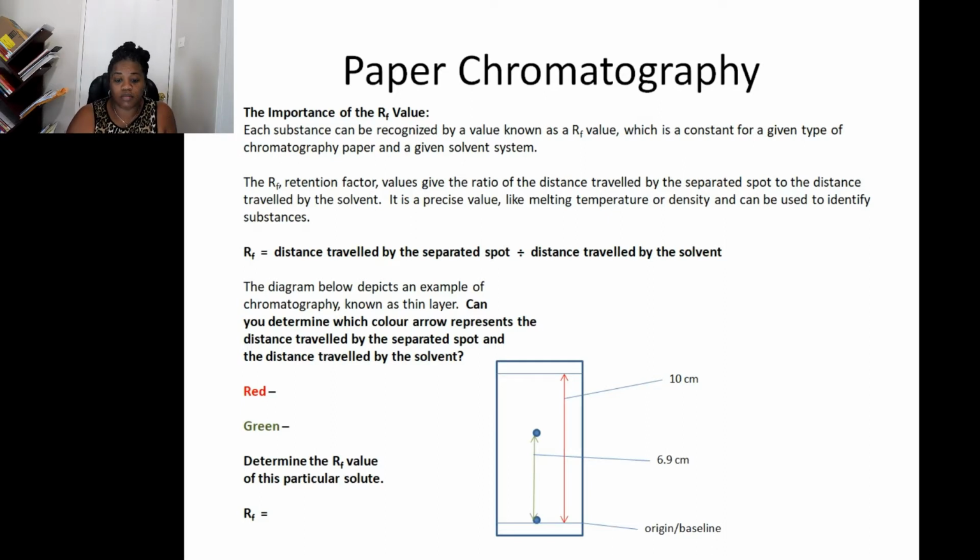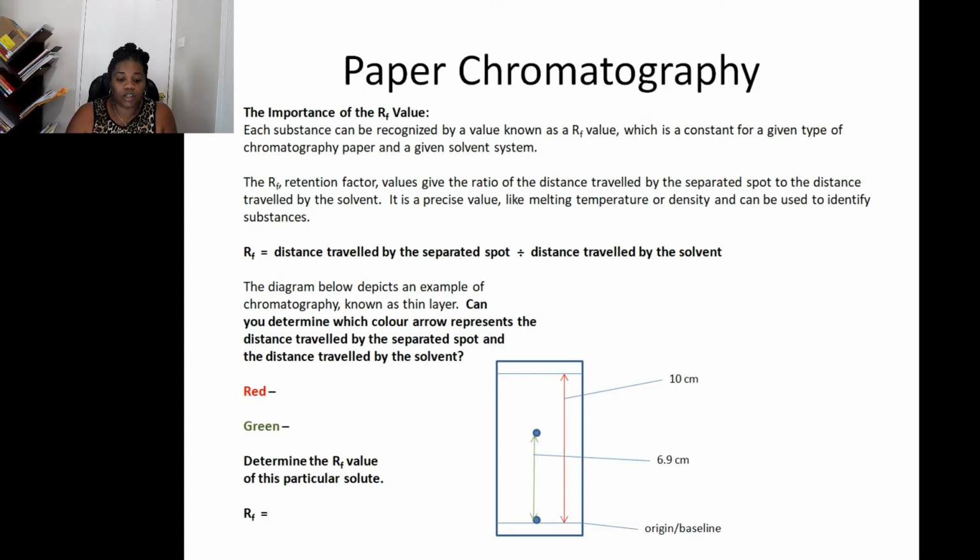It is a precise value like melting temperature or density, and can be used to identify substances. The RF value can be determined by dividing the distance traveled by the separated spot by the distance traveled by the solvent. The diagram below depicts an example of chromatography known as thin layer.